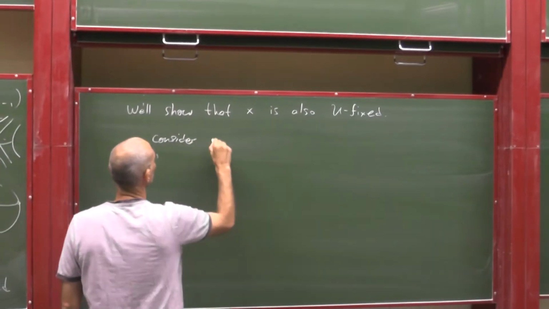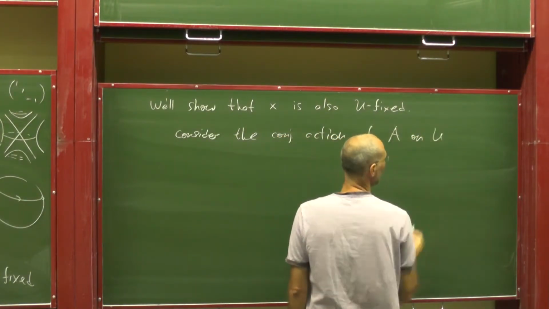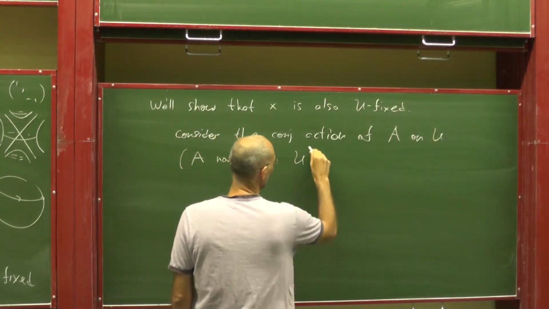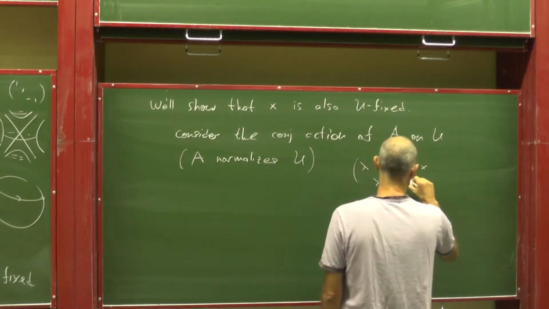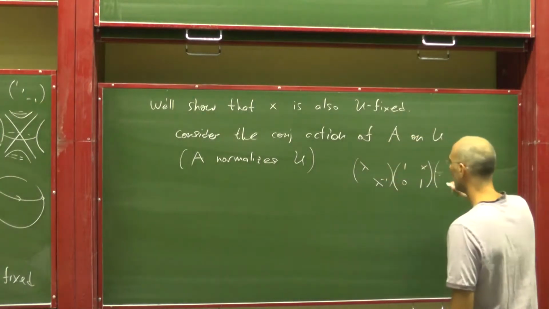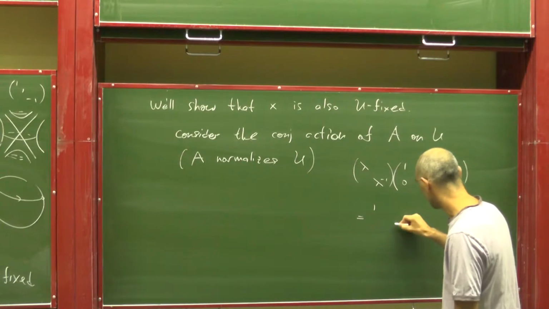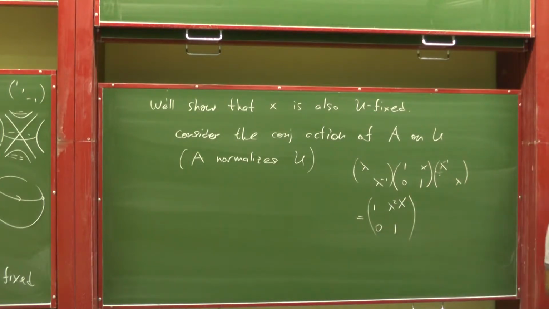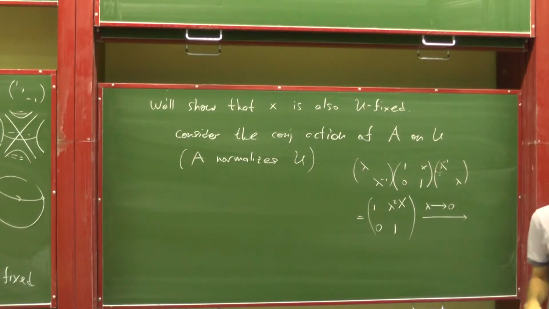Consider the conjugation action of A on U. So A normalizes U. And I can try to understand what happens if I'm taking a matrix with lambda inverse and lambda on the diagonal and a unipotent element. It's a very easy exercise, and now I'm taking the inverse of this, and I'm doing the multiplication, and I'm getting another element of that group U. And the thing is that if lambda tends to 0, then this goes to the identity matrix.